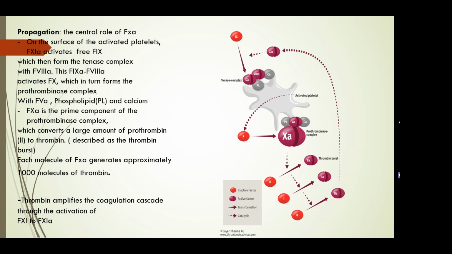Each molecule of activated factor 10 generates approximately 1,000 molecules of thrombin, which we refer to as the thrombin burst. This thrombin burst goes back to activate more factor 9. Thrombin amplifies the coagulation cascade through the activation of factor 9.